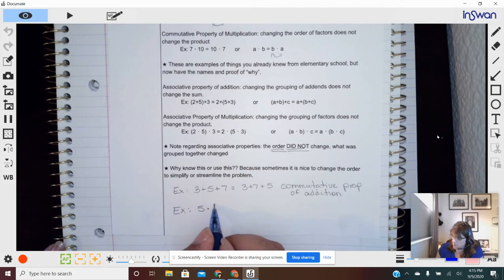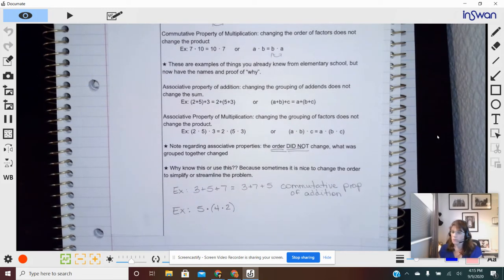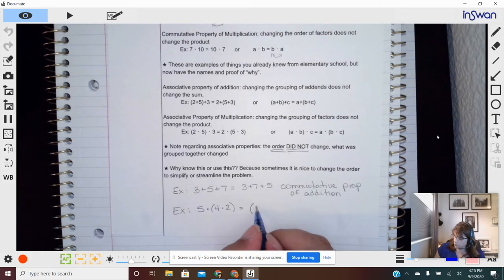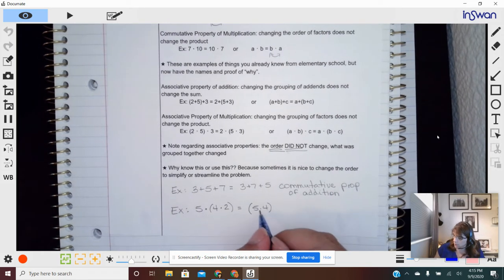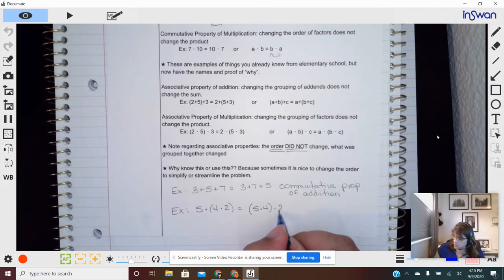Five times 4 times 2. So right now, I have to multiply 4 and 2, get 8, and then multiply by 5. Now, that one's not that hard. But maybe it would be even easier if I didn't change the order, but I changed the grouping. 5 times 4 equals 20 times 2.